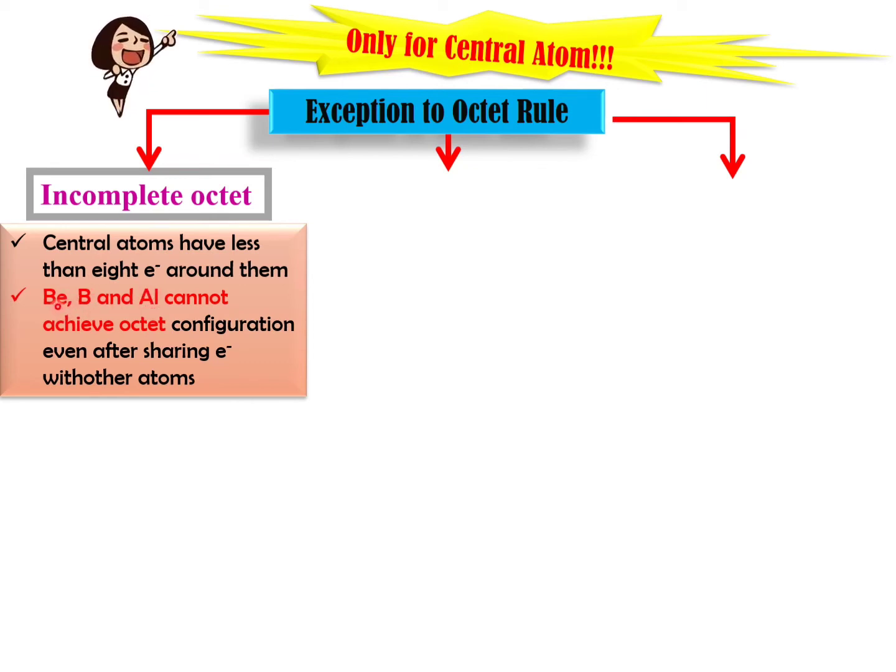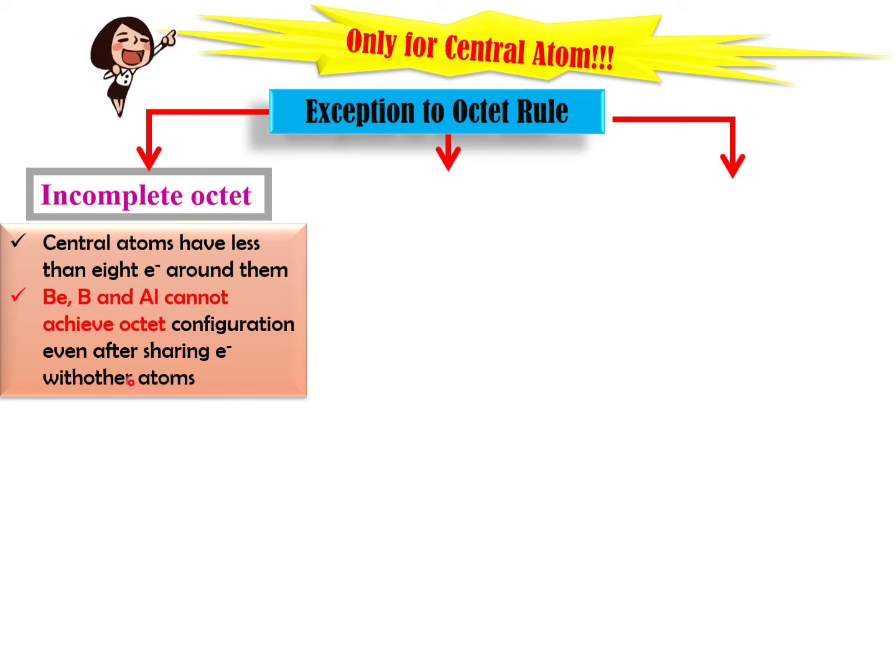So this beryllium, boron, aluminium cannot achieve octet configuration even after sharing the electron with other atom. So dia memang takkan octet, kelas. Tidak mungkin. Jangan you all buat double bond pula ya. Maksudnya you tidak perlu buat double bond atau triple bond.